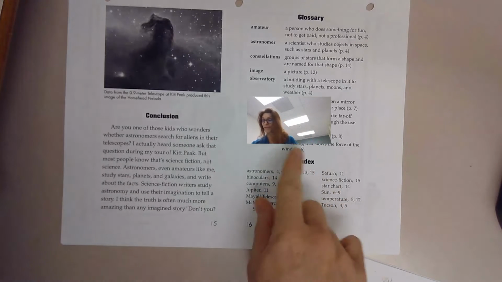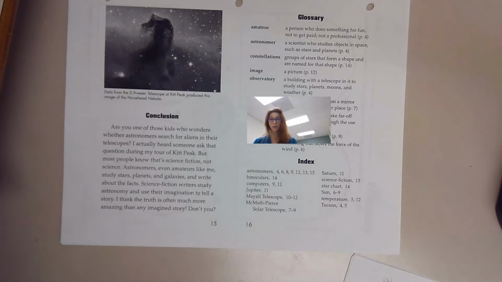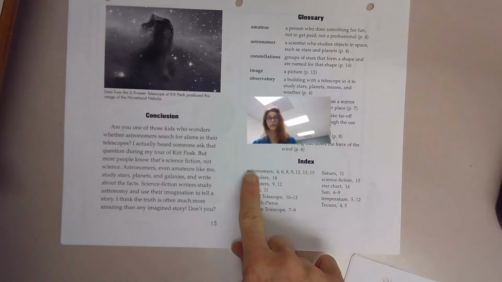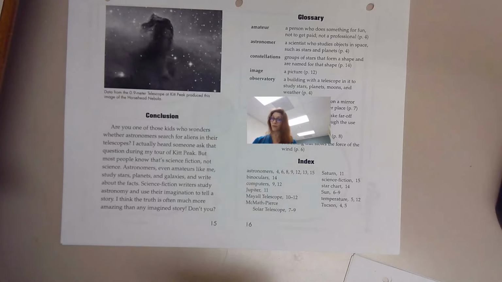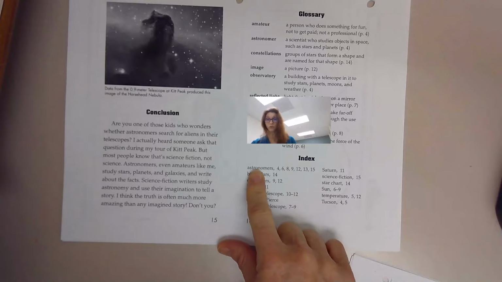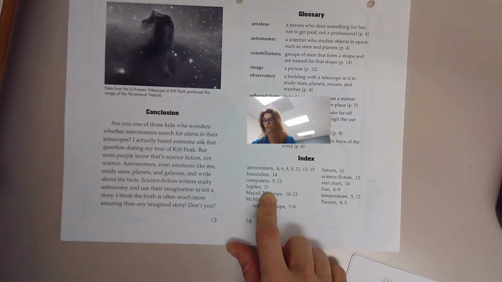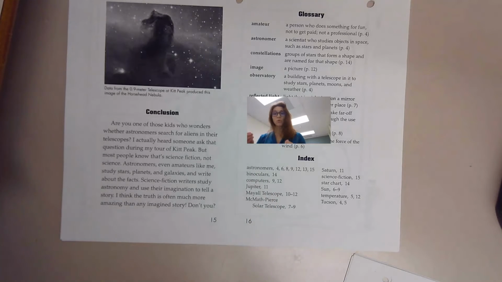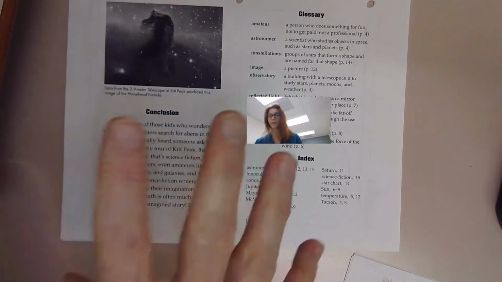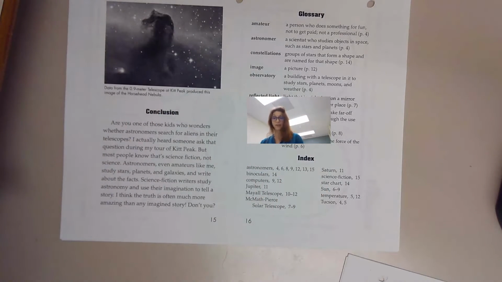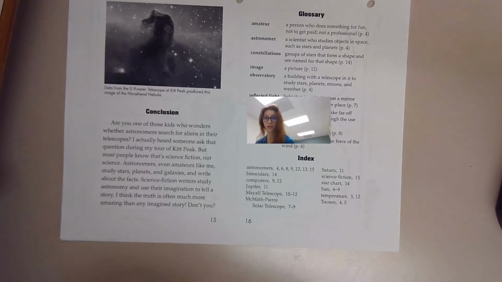You could flip to the index in this book and scroll through, and yes, the words are listed alphabetically. Scroll through and see if there's anything on Jupiter. Oh, look, Jupiter, it's on page 11. So then you could go right to page 11 and read everything that this story will tell you about Jupiter. It's a quick and easy way to find information.